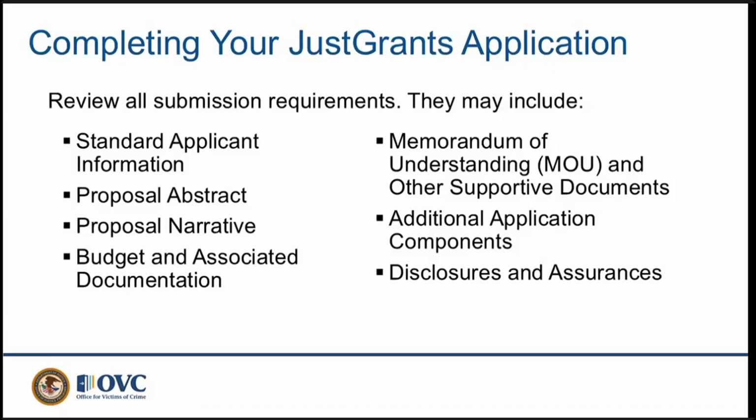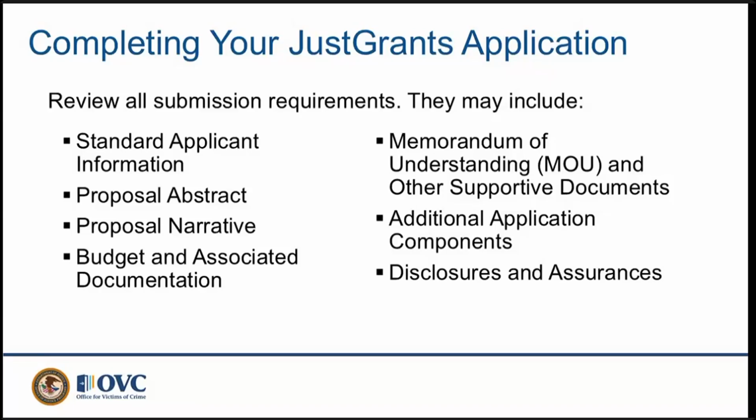You must use the budget format specified in the NOFO, which can be web-based and/or require budget attachments, such as an indirect cost rate agreement. Some programs may not require budgets. Your budget should align with your proposal narrative and clearly explain how each cost will support the project.